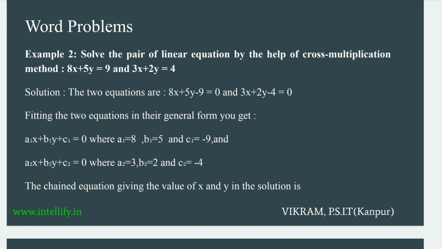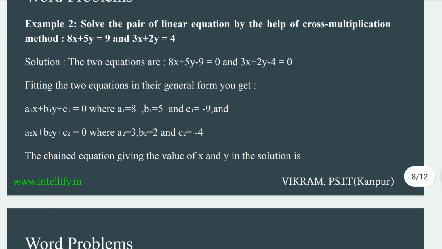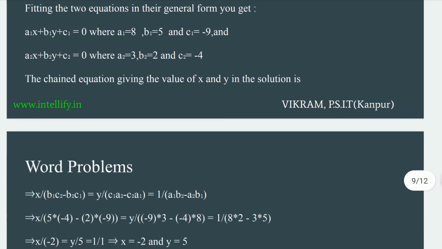So for equation number 1, a1 is 8, b1 is 5 and c1 is minus 9. And for equation number 2, a2 is 3, b2 is 2 and c2 is minus 4.